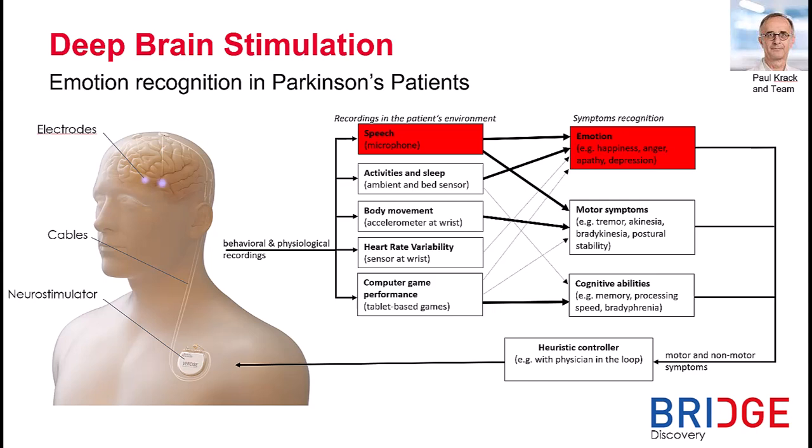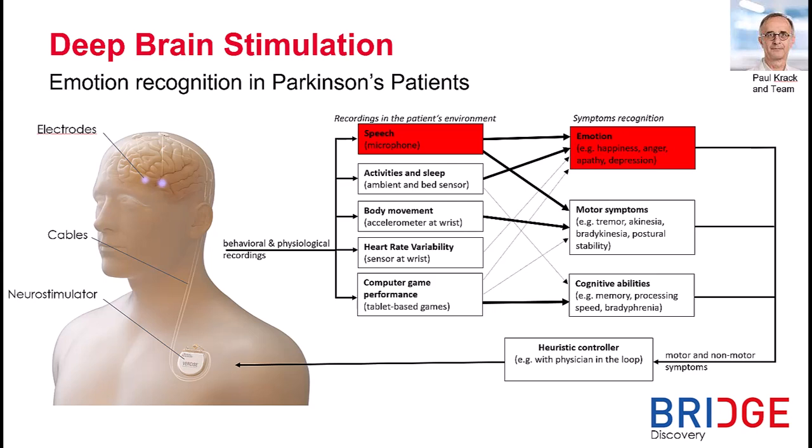And very often the best stimulator for reducing motor symptoms does not reduce non-motor symptoms. That's why in this research project, we specifically focus on using these sensor methodologies to recognize symptoms.